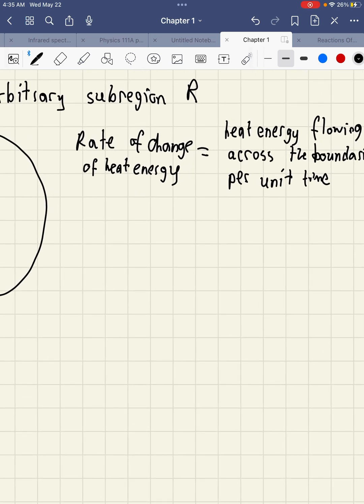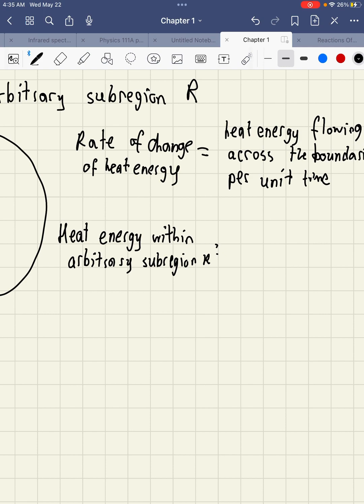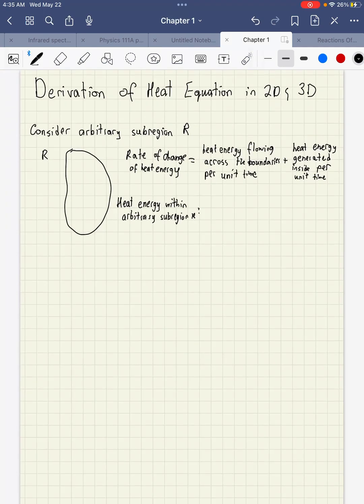So the heat energy within the arbitrary subregion R. It's gonna be how we started the heat energy.